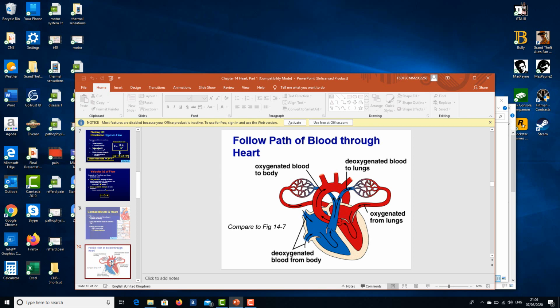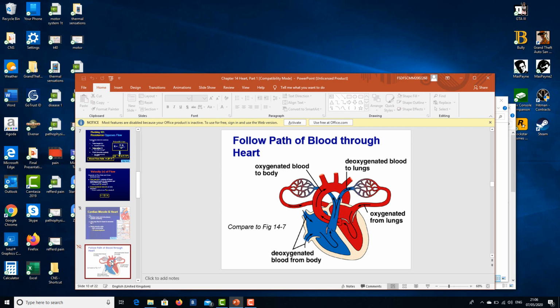They are going to enter the right atrium by means of superior vena cava and inferior vena cava. And when they enter the right atrium, after that they are going to enter the right ventricle. You can see the blue area showing the deoxygenated blood.